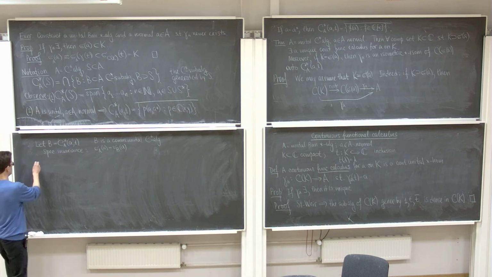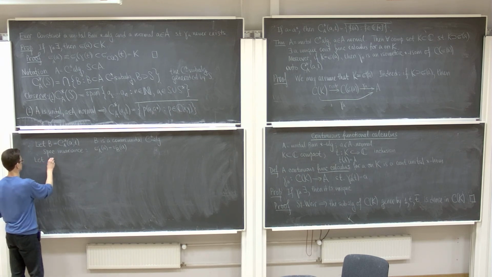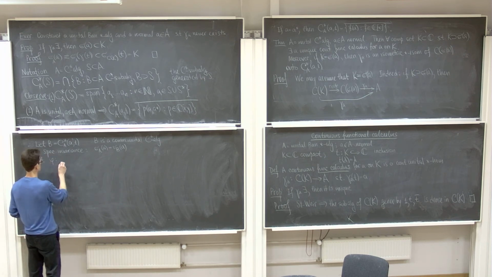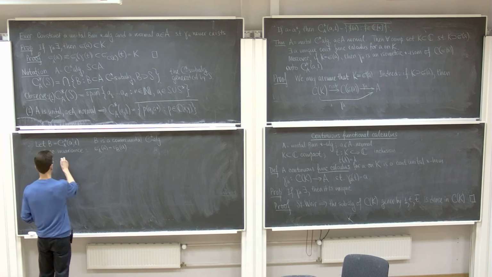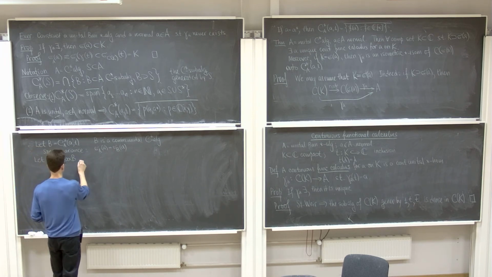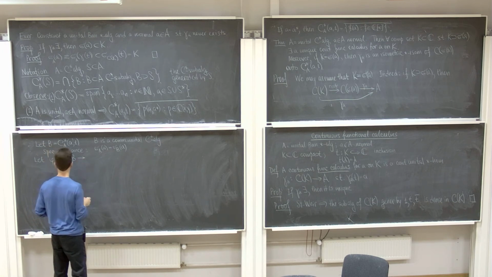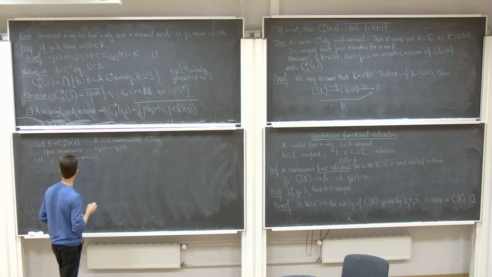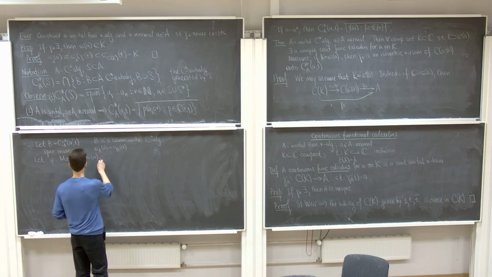Okay, let's now look at the following map, little phi. Phi takes the maximal spectrum of B to sigma of A by the following formula.